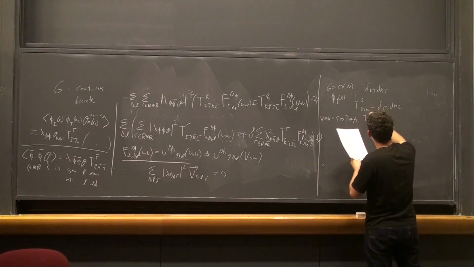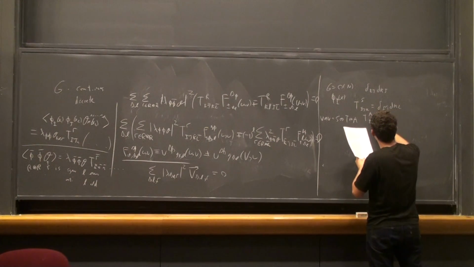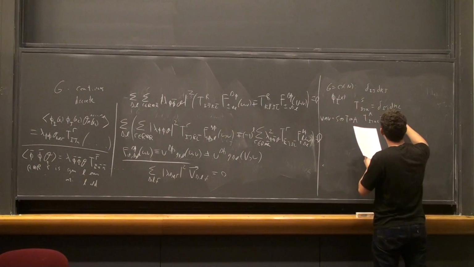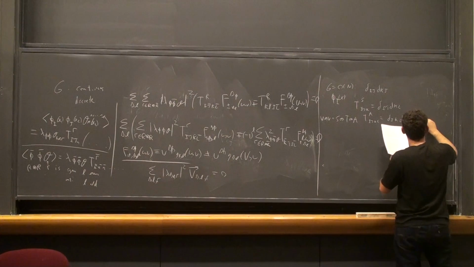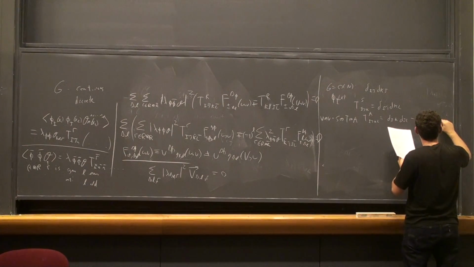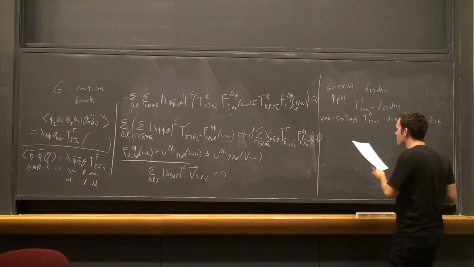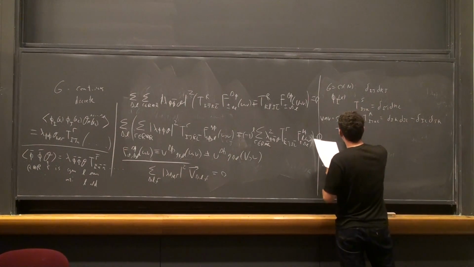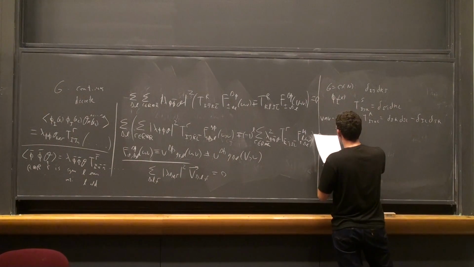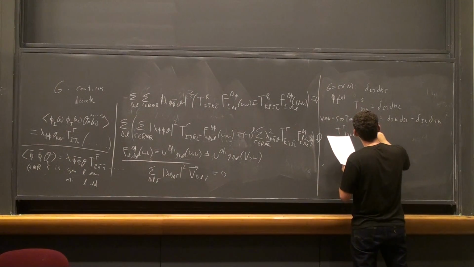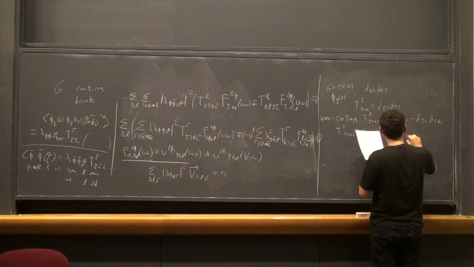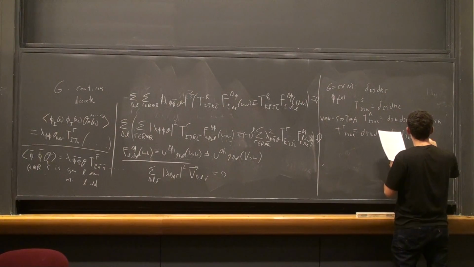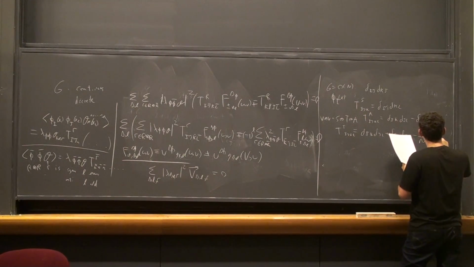The tensor structure for the adjoint is delta ik, delta jl, minus delta il, delta jk, where the overall sign here is important. And then finally, the tensor structure for the traceless symmetric is delta ik, delta jl, plus delta il, delta jk, minus 2 over N, delta ij, delta kl.